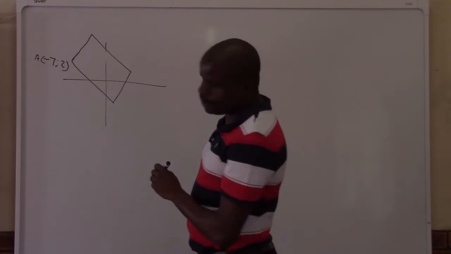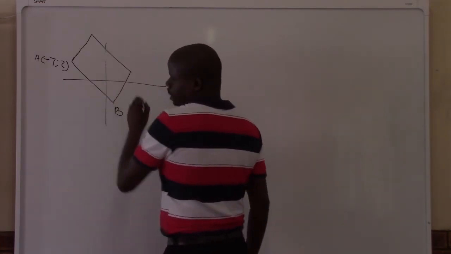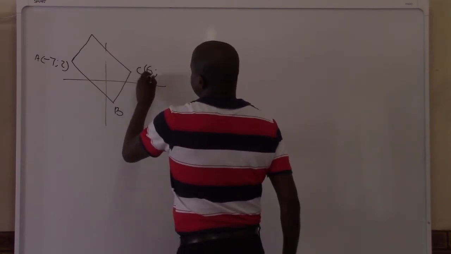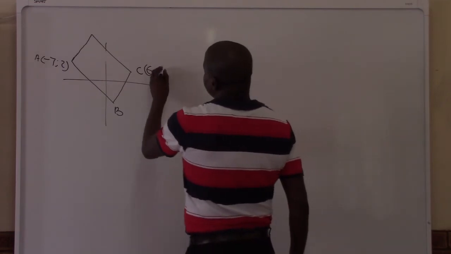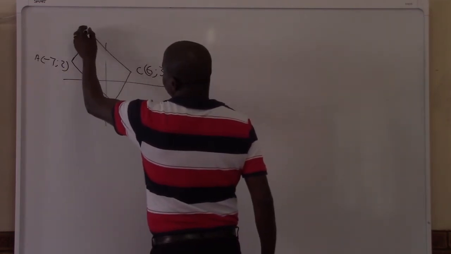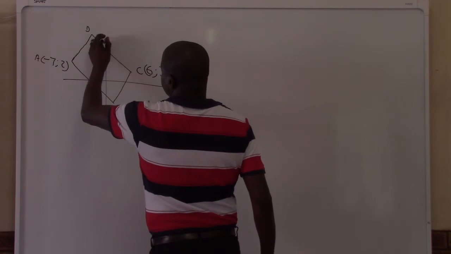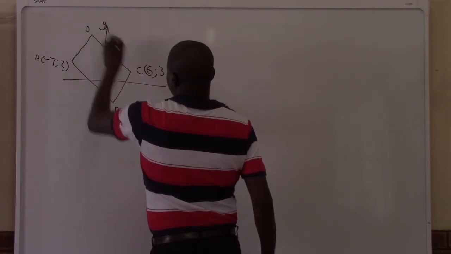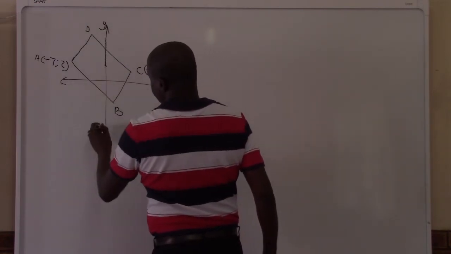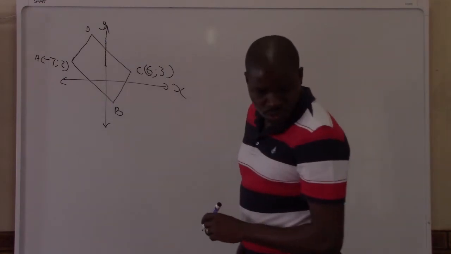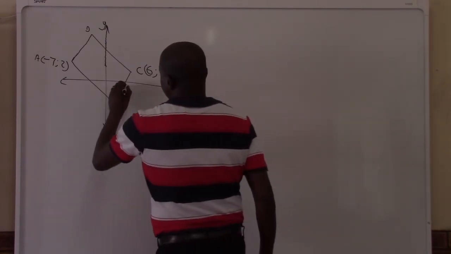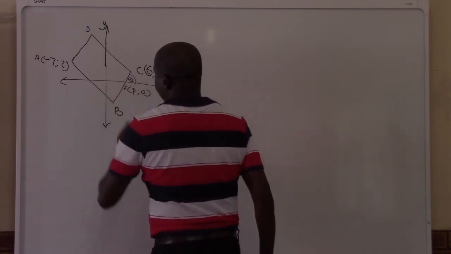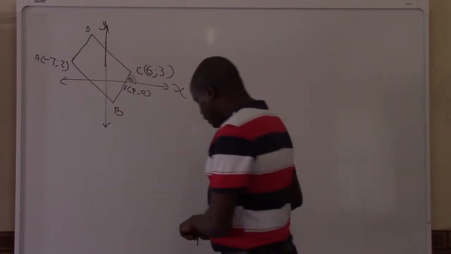We have B, which is not given. We have C, which is 6 and 3. We also have D, which is not given. So this is the Y, this is the X. In the intersection there, that is where we have F, which is P and 0. And then we also have that angle of inclination, which is alpha.